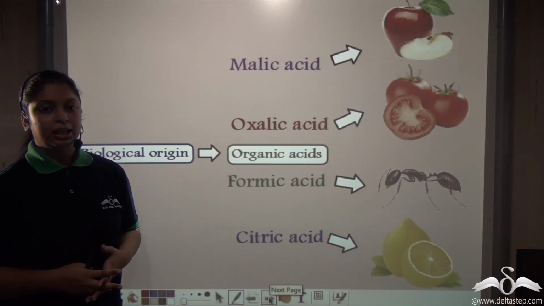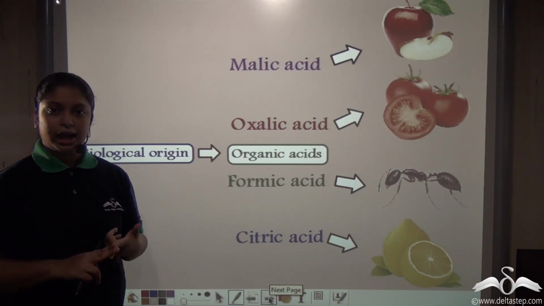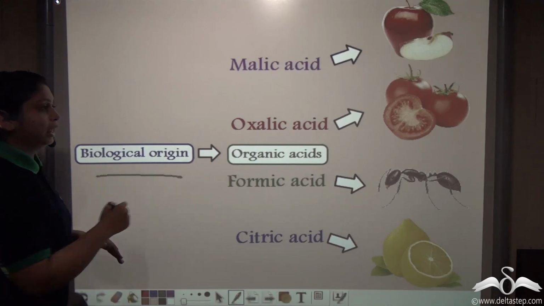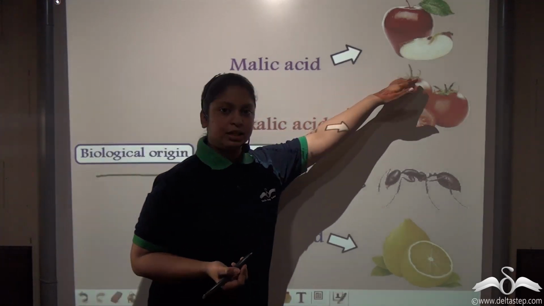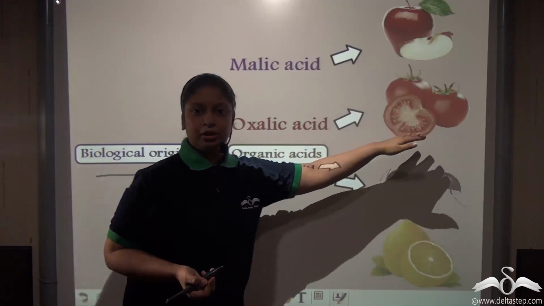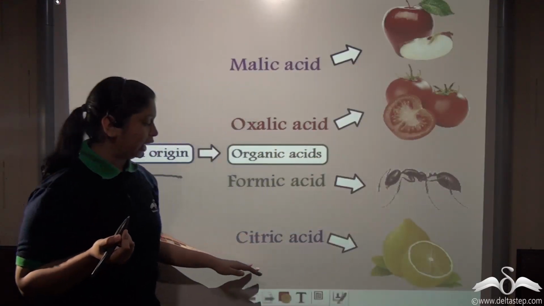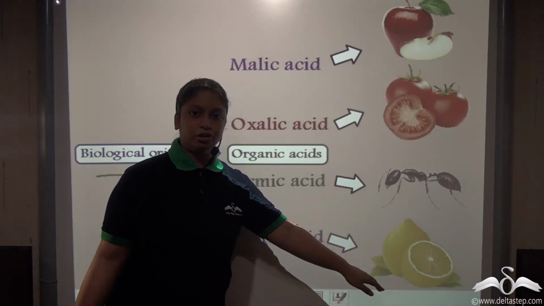So to summarize, we have two types of acid, one organic, second inorganic. Organic acids have a biological origin. Examples of organic acids can be malic acid present in apples, oxalic acid in tomatoes, formic acid in the ant's sting, and citric acid in all citrus fruits like lemons and oranges.